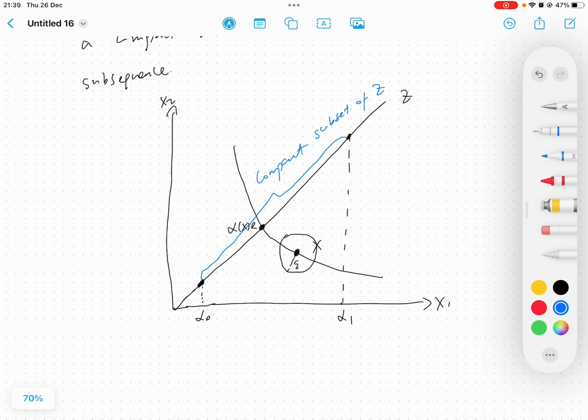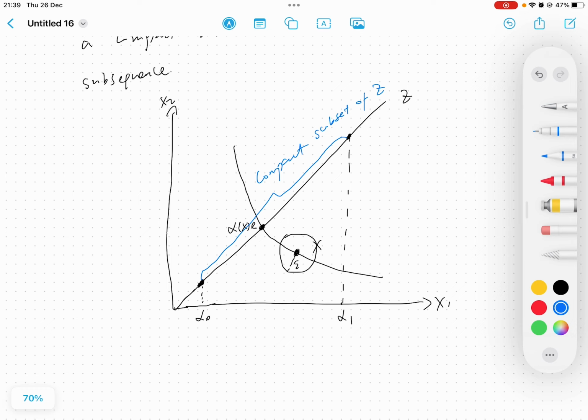Okay, and since this sequence xn converges to x, there exists some capital N such that this alpha xn lies in the compact set for all the little n greater than this capital N. Okay, and we know that an infinite sequence that lies in a compact set must have a convergent subsequence. Okay, and that is given by some statement in the appendix.